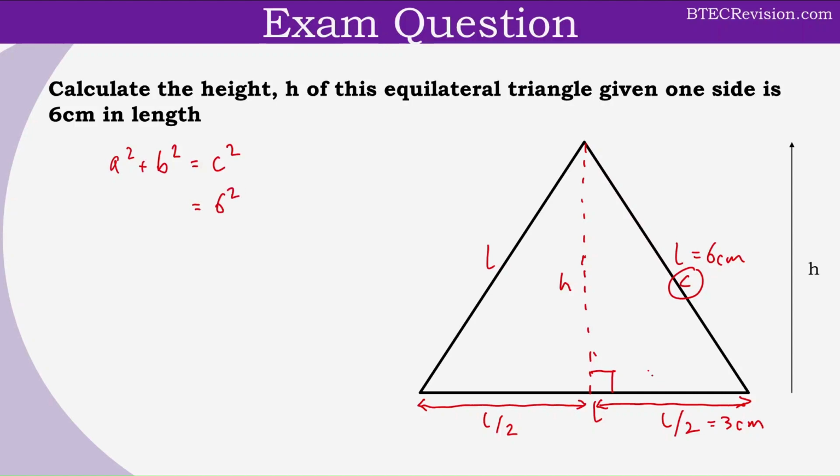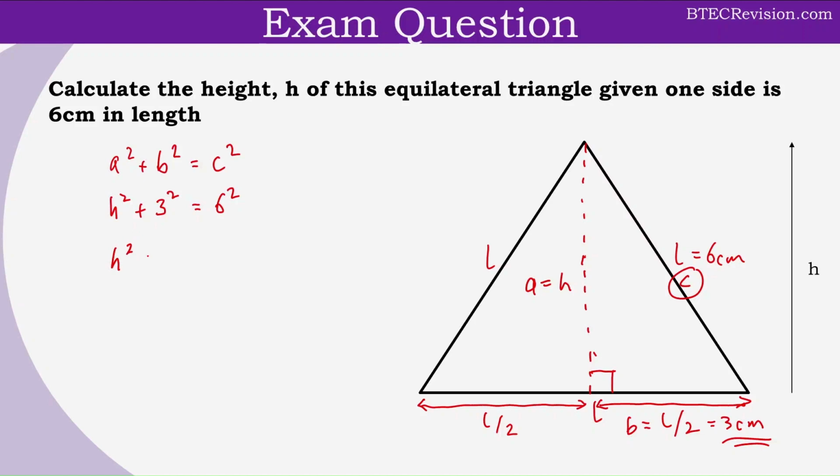Our b, we can choose to be either our height or our length over 2 over here. So we'll set the b value over here, which is equal to 3 centimeters. So we'll replace that value 3 squared. And then our a, that means is going to be our height. So that's h squared. Now we just need to rearrange.